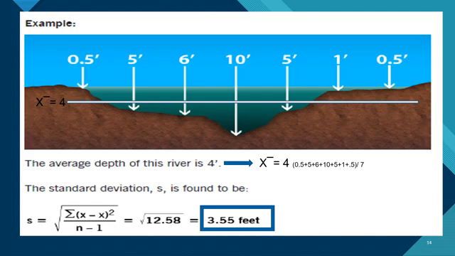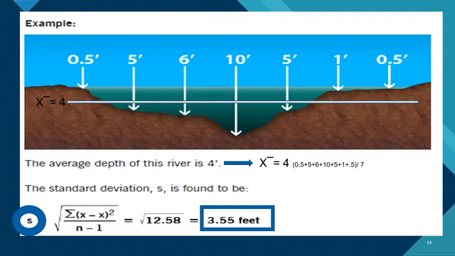So what does this mean? This means that the typical depth of the sample varies from the average depth by 3.55. So we now have a standard depth. That's why it's called a standard deviation. This means that the normal interval of the river depths would be 3.55.